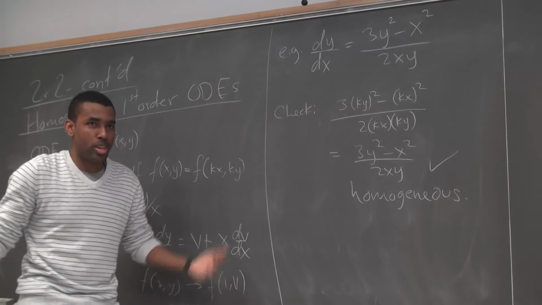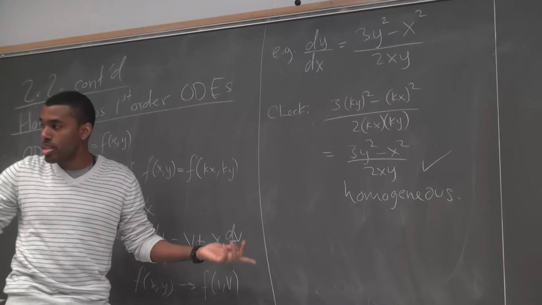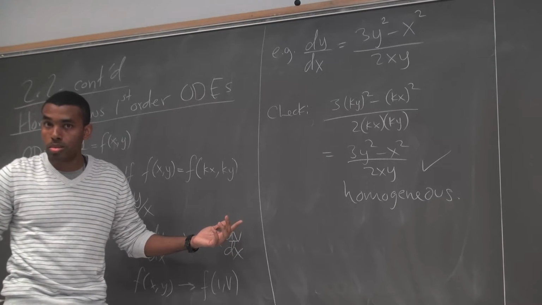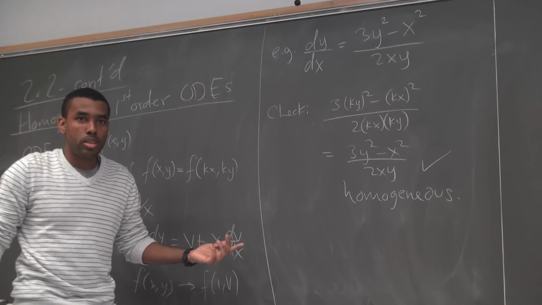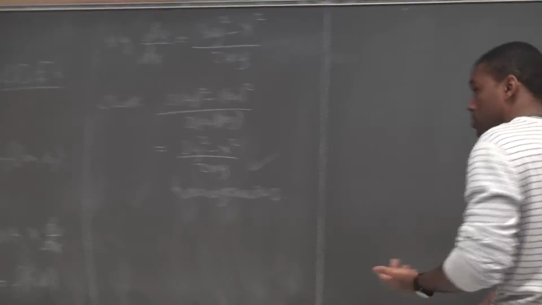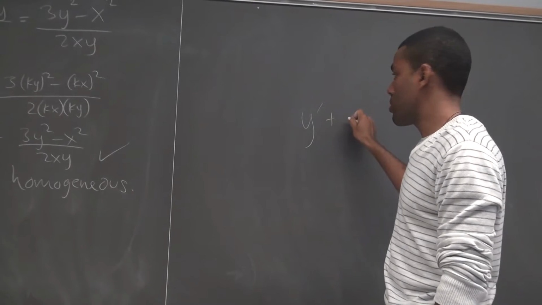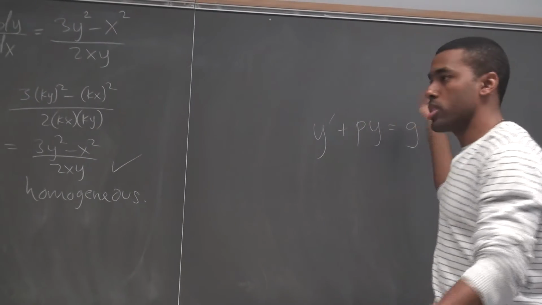Is it linear? Because if it's linear, what do I do? Integrating factor. What's the integrating factor? Mu equals e to the integral of p. What is p? The coefficient of y, in the standard form y prime plus p of t times y equals some other function.